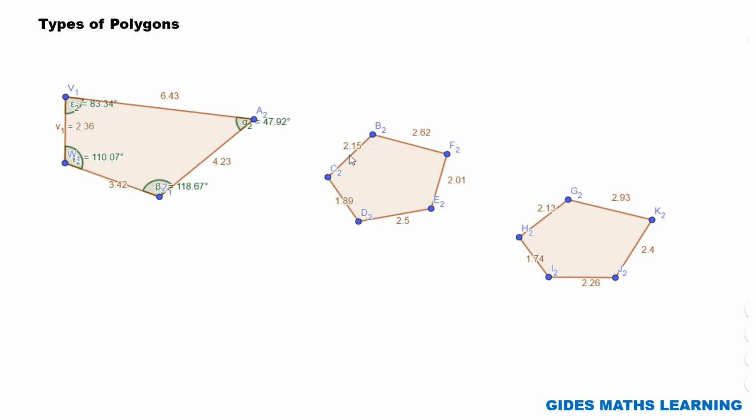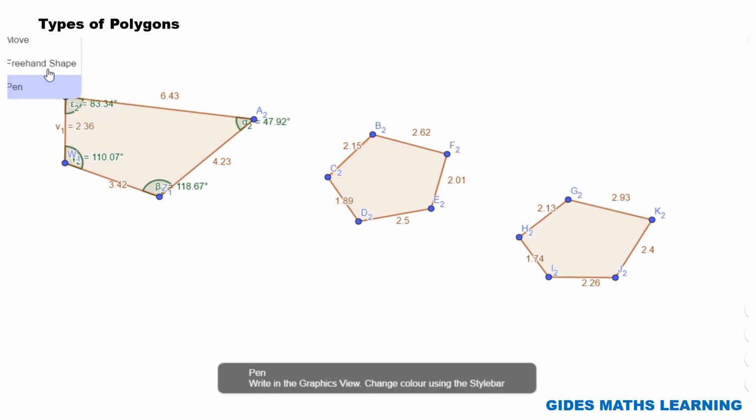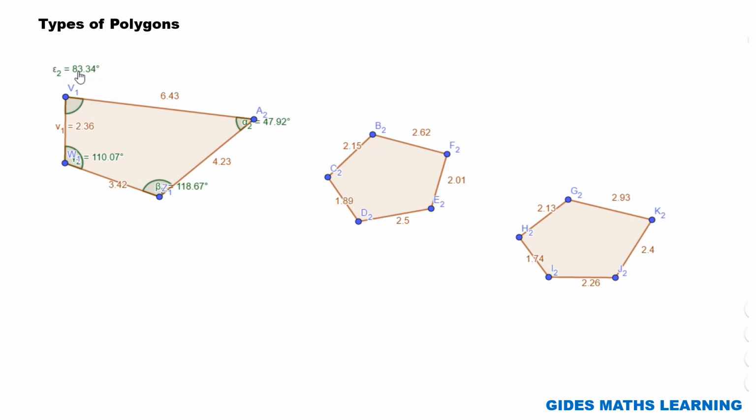Okay. Now you realize that from this figure, all the interior angles are not the same. They differ from one another. And so for irregular polygons, the sides are not the same in length, and the interior angles are also not the same in size.